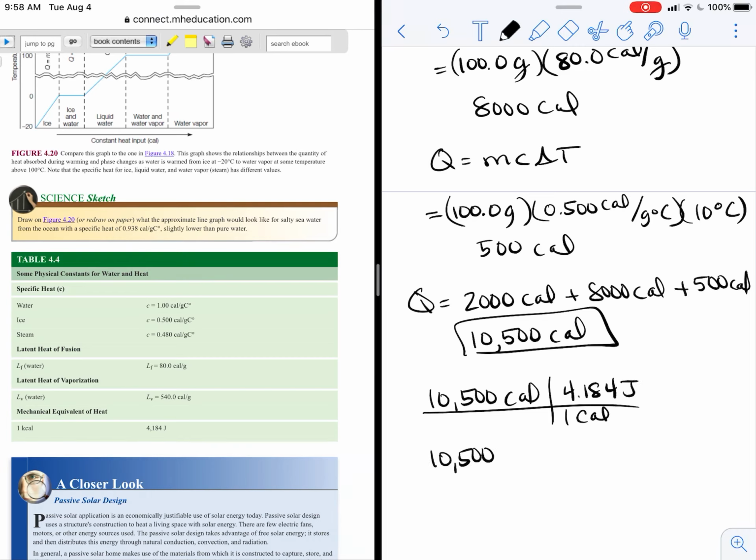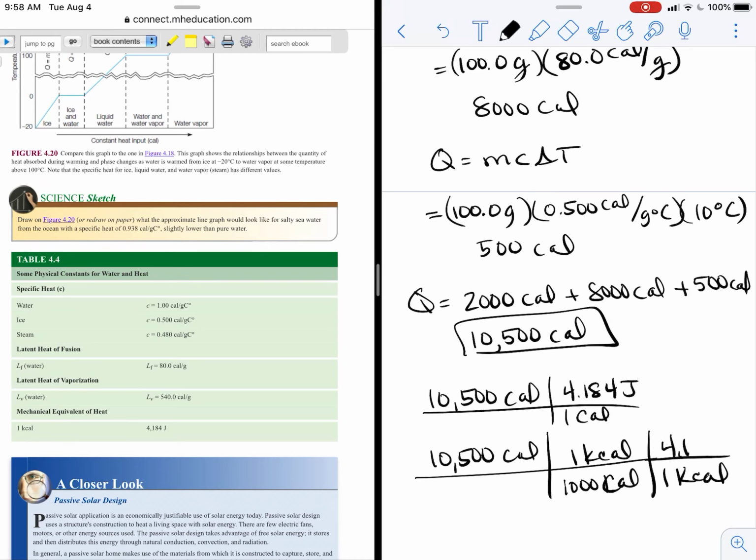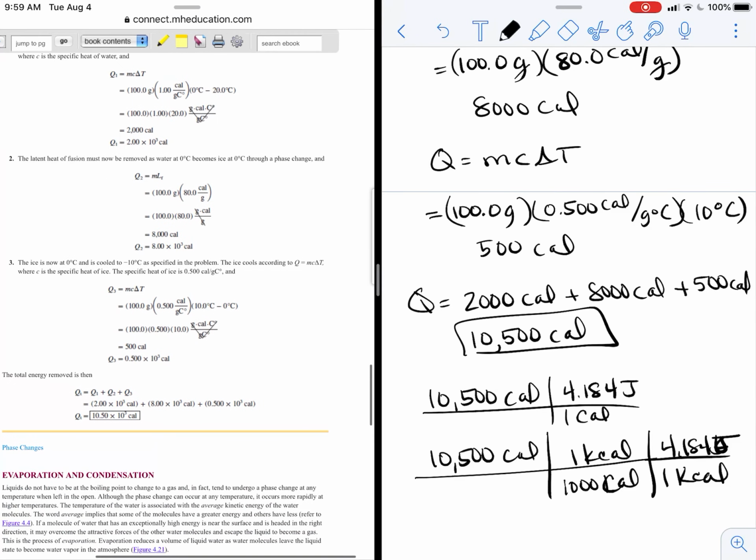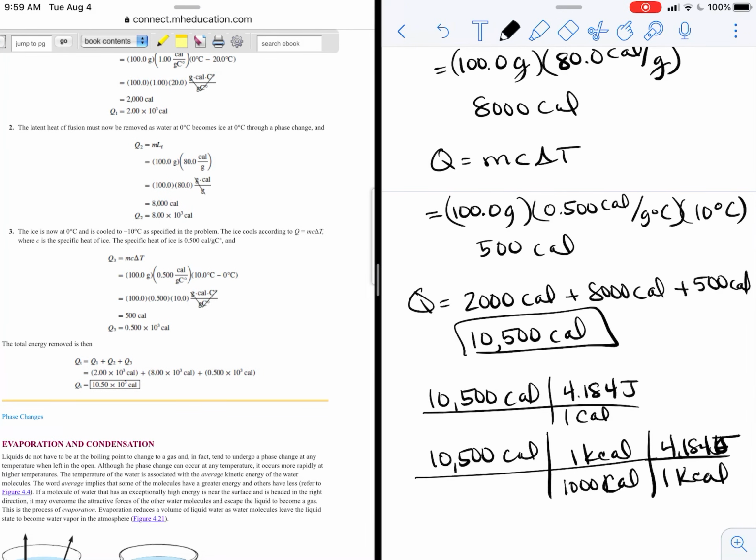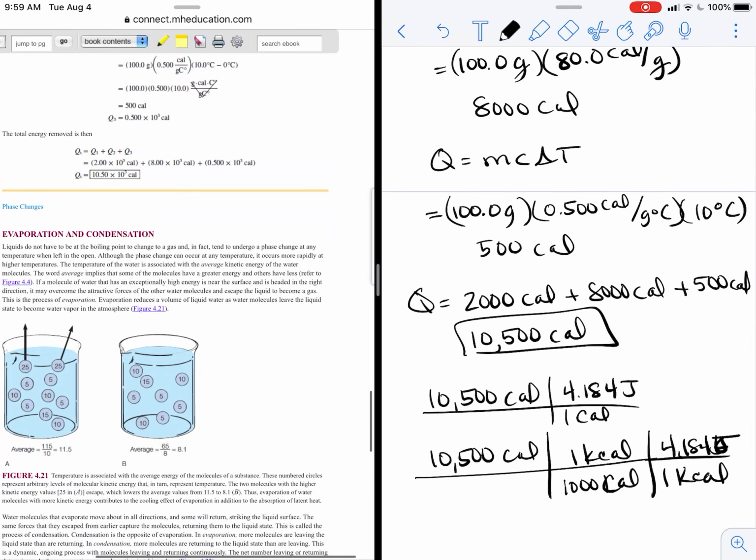Or since you're in the thousands, you could say there are 1,000 calories in 1 kilocalorie, and 1 kilocalorie is 4,184 joules. Okay, and so you could figure out how many joules based on that as well. I don't think this specific question asked you to do that. I'm just saying that it could. So that might be a thing that happens.